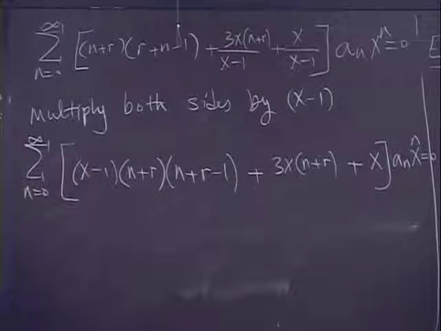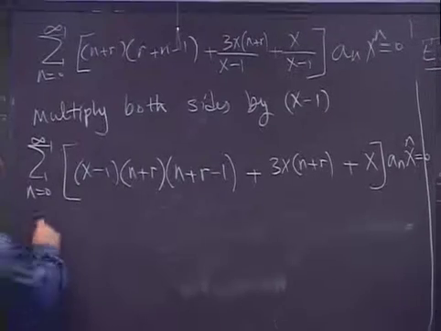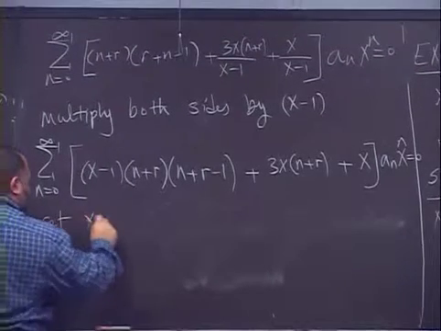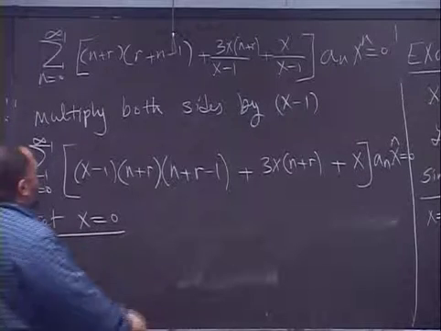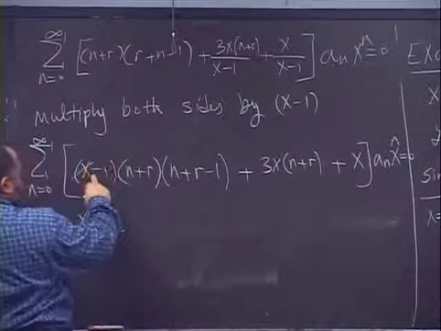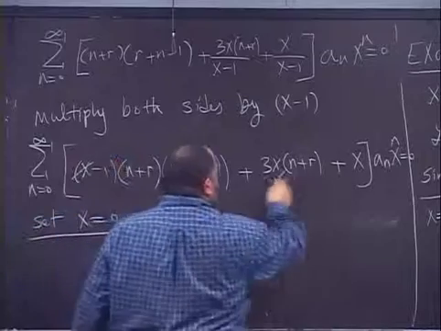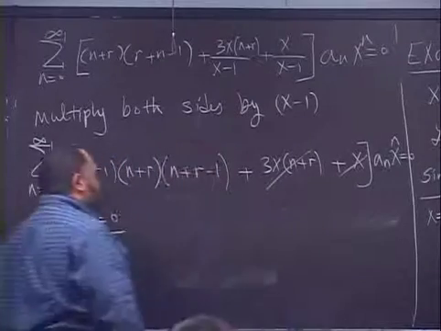What's the next step? It is to set x equal to 0. So when you set x equal to 0, this is 0, so you will have negative 1 here, and this term will eliminate, this term will eliminate.